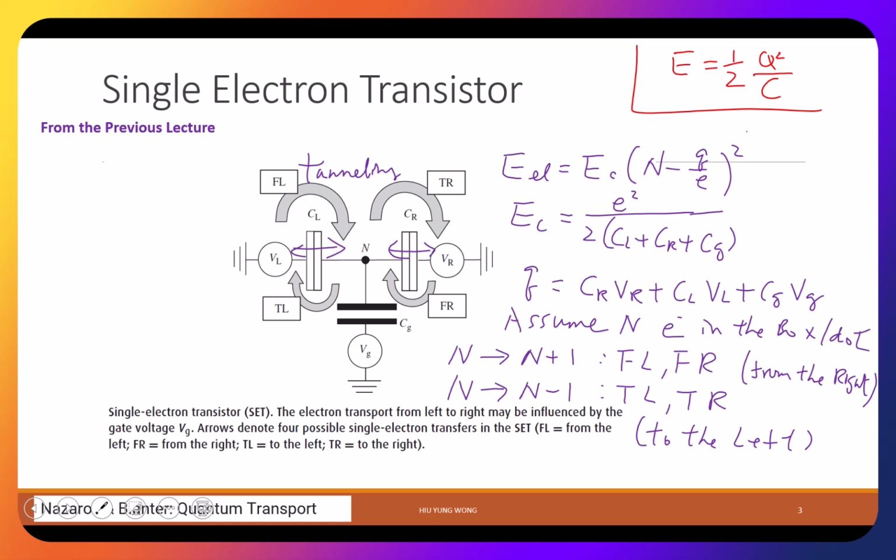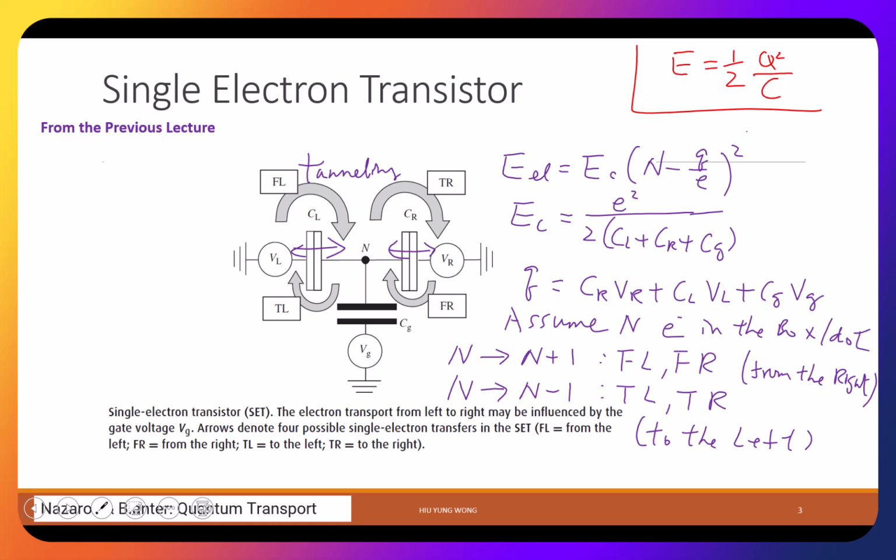Now we also define a quantity called Q. Q is equal to CR times VR plus CL times VL plus CG times VG. This is something we define; it doesn't have a direct physical meaning, we can't really say it is an electron-induced charge, but it is determined by the capacitance and the voltage.